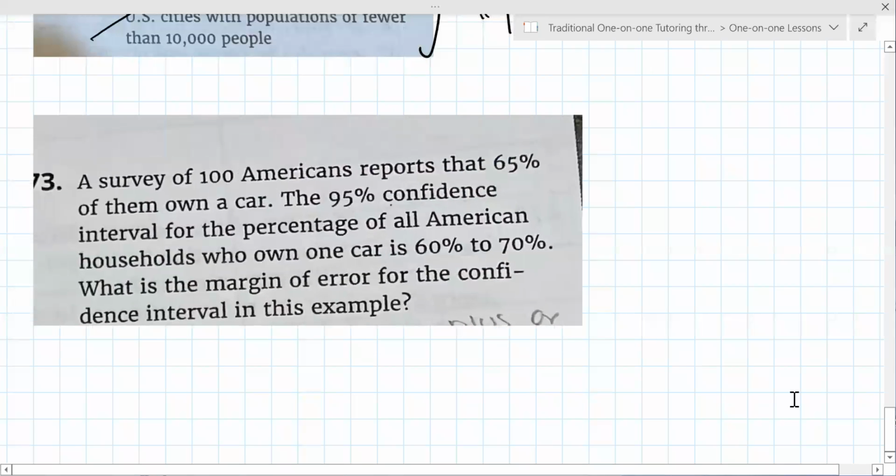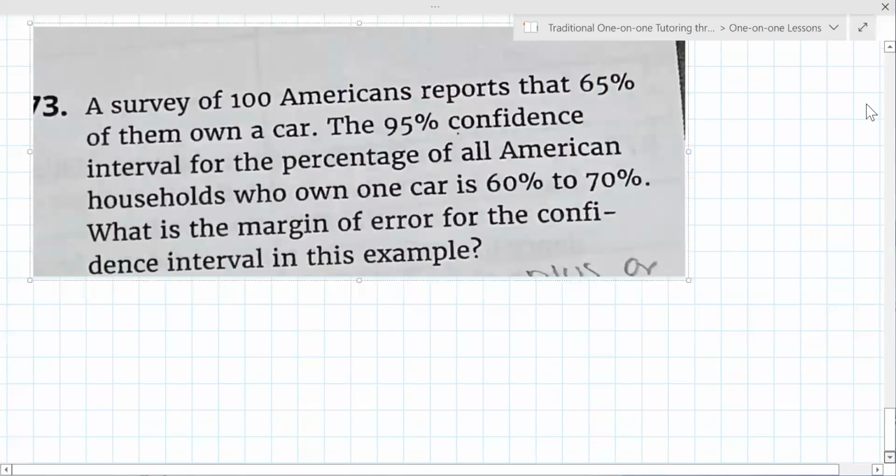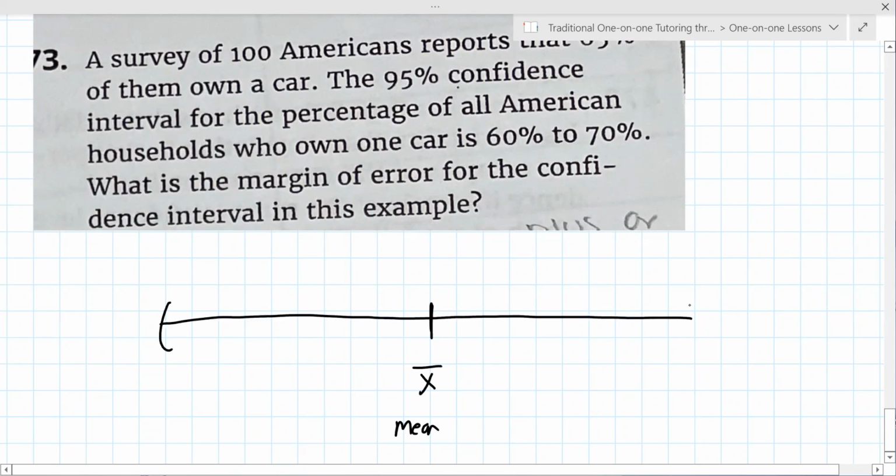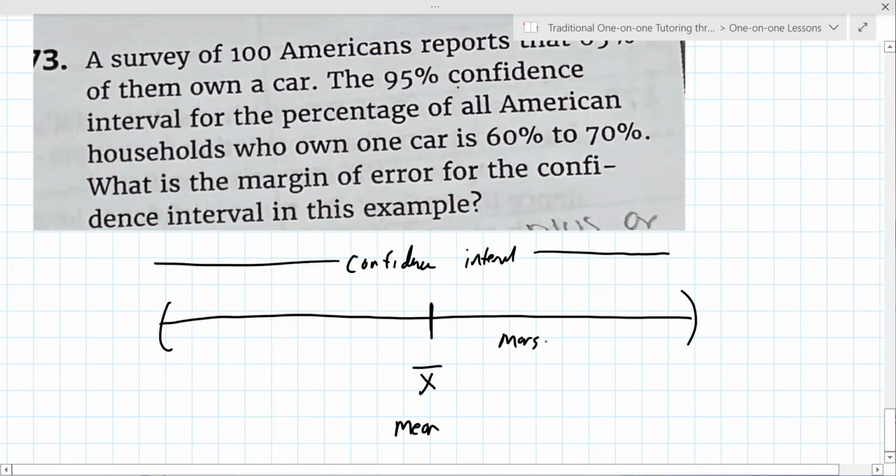Okay, so you need a picture for this. There's the center line, which is usually the mean. There's the confidence interval. So this whole thing is the confidence interval. But half of it is considered the margin of error.